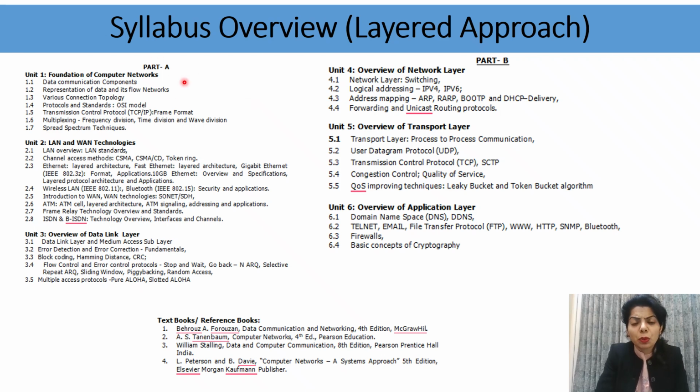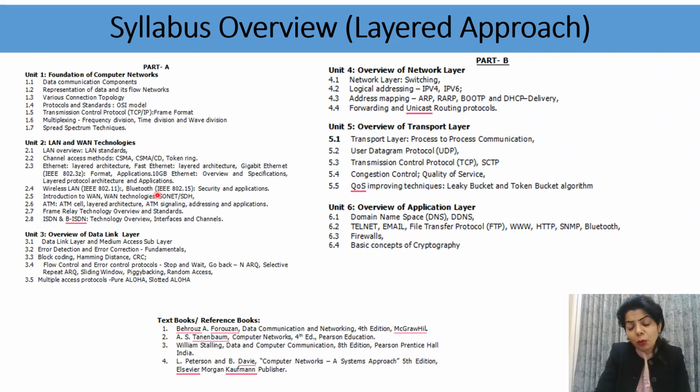Here we'll explain the TCP/IP model and the OSI model specifically, the various network topologies, the kinds of data we have, the kinds of connections we can make, various multiplexing techniques and spread spectrum techniques. We are covering all the fundamental concepts of computer networking in Unit 1.